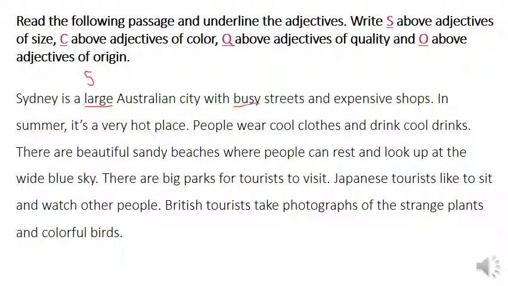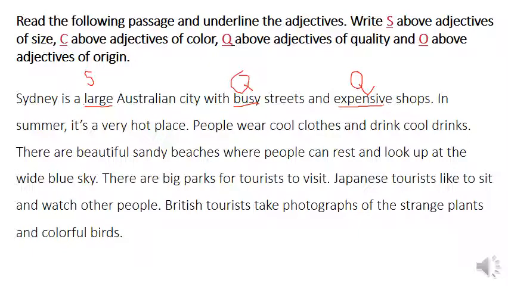Australian city with busy streets and expensive shops. So busy is also an adjective. Expensive is also an adjective. When I say busy, it means I'm talking about the quality of something. So I have to put Q. When I'm saying expensive, I'm also talking about the quality of something. So I also write Q. In summer, it's a very hot place.